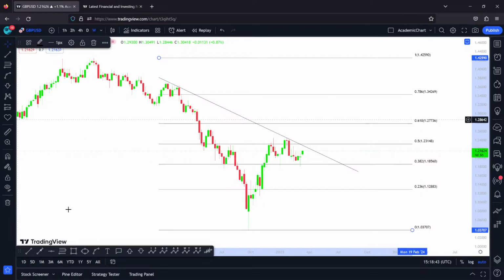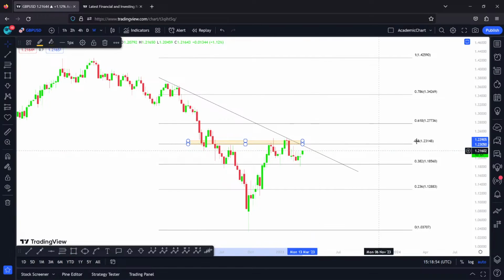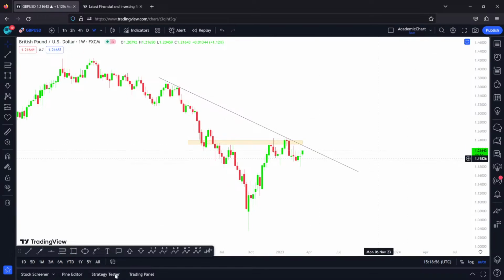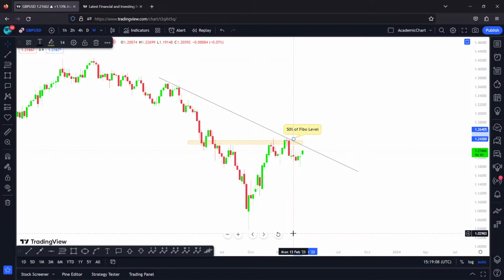I can grab this rectangle tool to recognize it, because I'm seeing a very important support and resistance zone here. Let's call out that this was the 15 percent Fibonacci level.